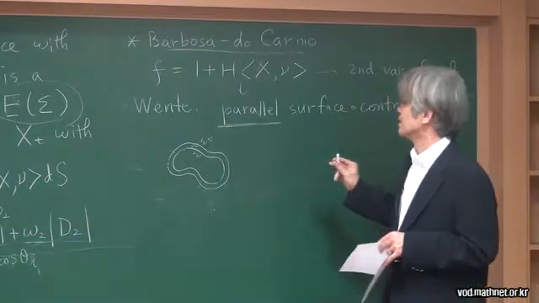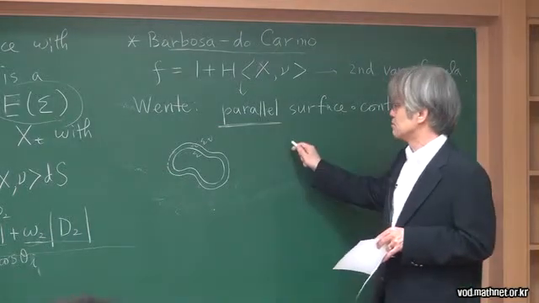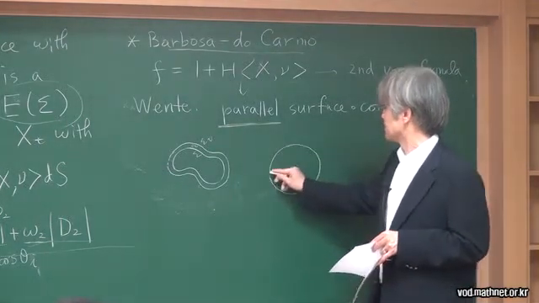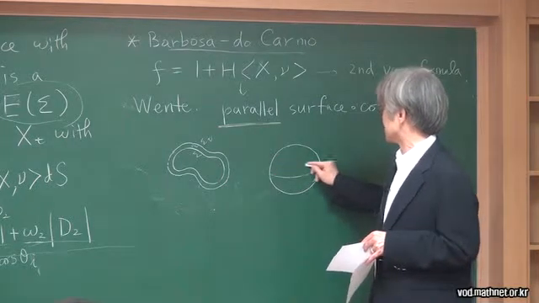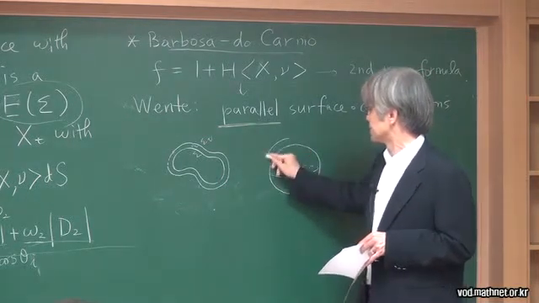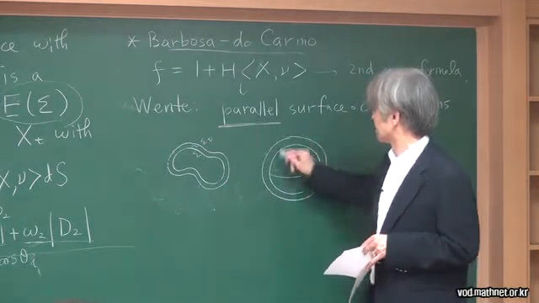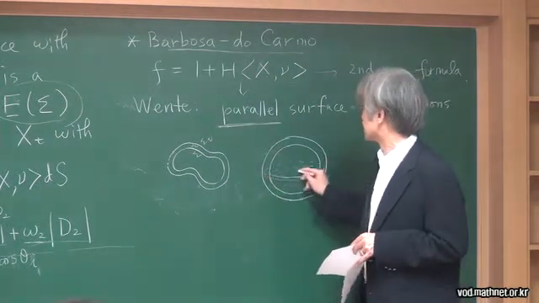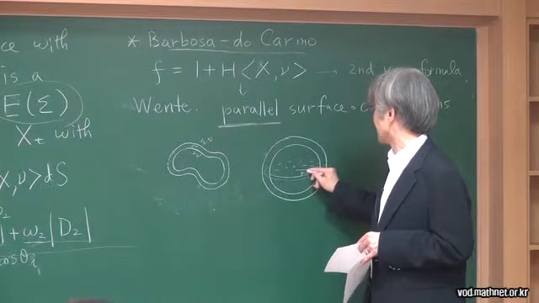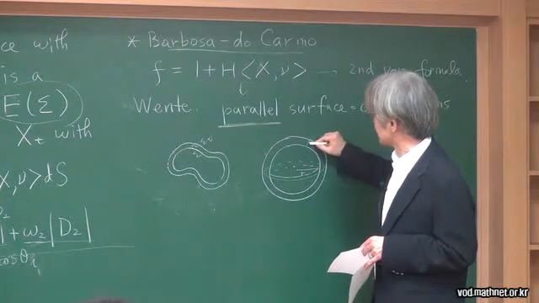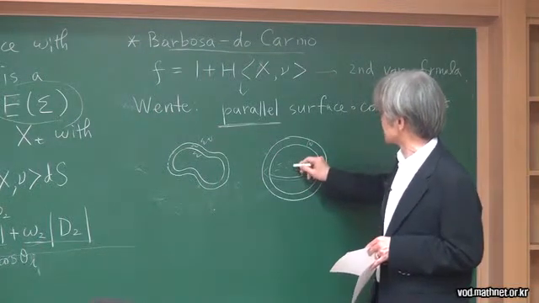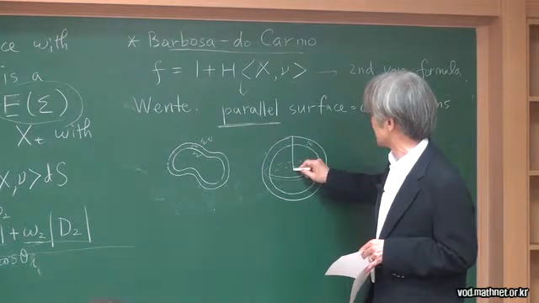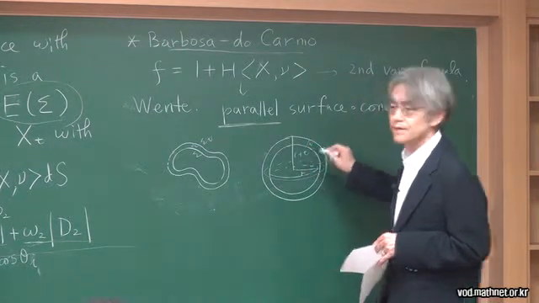Then one simplest example of a parallel surface is parallel spheres. So this sphere has radius r, and this distance is t. So this outside sphere has radius r plus t.